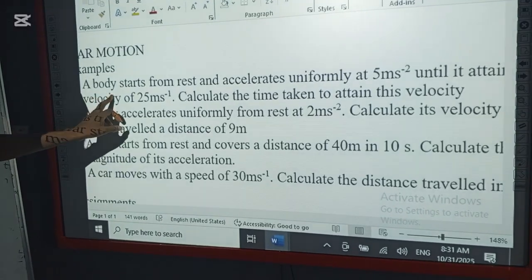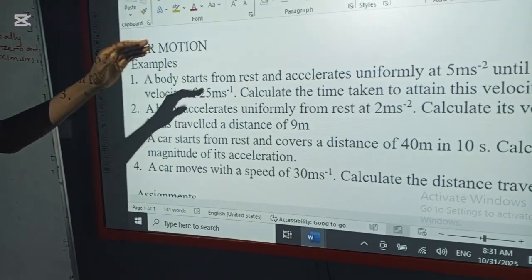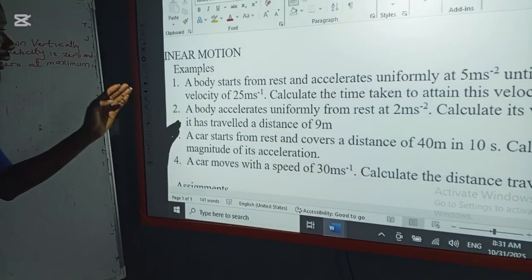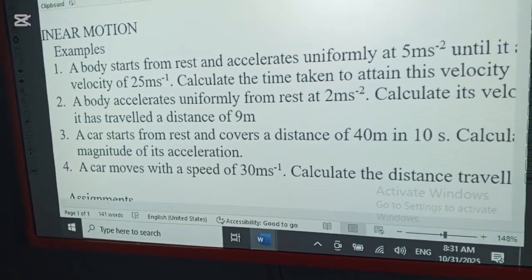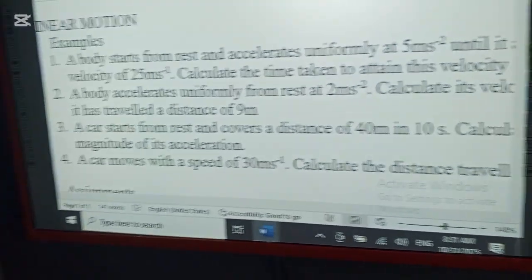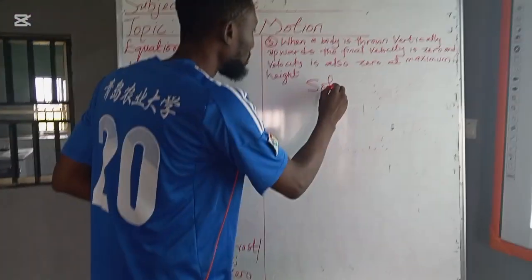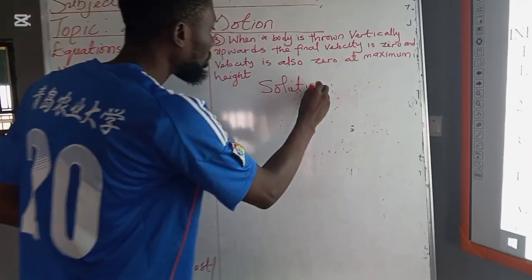Looking at question number one, we need to analyze it by looking critically at the words and what is mentioned in the question. We write it down and we start solving. Solution to question number one.